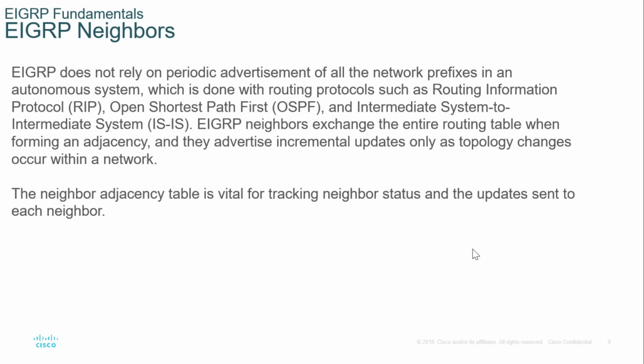Bila dah form neighbor relationship, dia exchange information tadi, reported distance. Selepas tu dia tak perlu hantar setiap 10 saat contohnya. Bila berlaku perubahan sahaja, barulah dia exchange information ni semula. Okay, so itu salah satu cara untuk kita menjimatkan resources lah. Okay, so ni kita panggil incremental updates. So the neighbors in EIGRP advertise incremental updates only as topology changes occur. Okay, so dia tak perlu hantar every few seconds mengatakan okay, ni keadaan semasa.